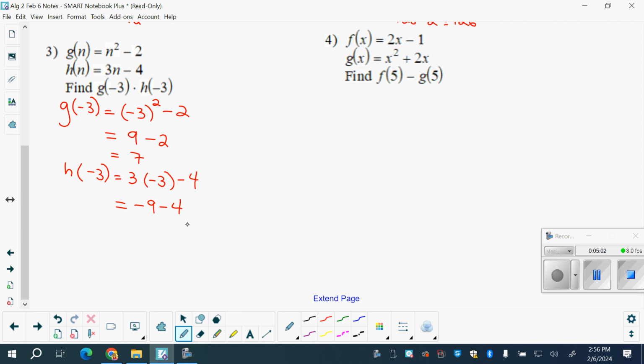Negative 13, like plus a negative. So now we are doing this operation here. What does that dot mean? Times. So we are multiplying them. So we are taking 7 times negative 13, which equals negative 91. So g of negative 3 times h of negative 3 is negative 91.